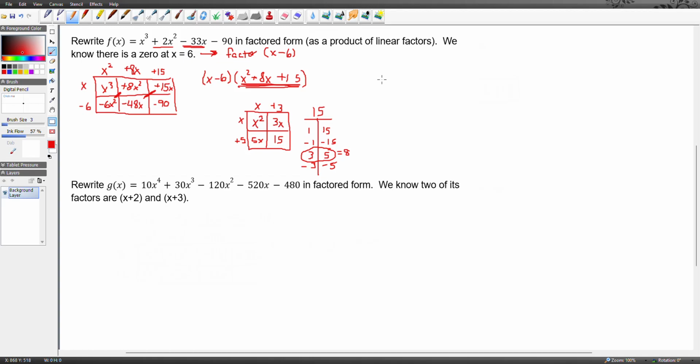So our final answer for this, we'd say f of x equals, and then our three factors, we started with x minus 6, and then the other two are the ones we got from the sides of this box, x plus 3 and x plus 5.